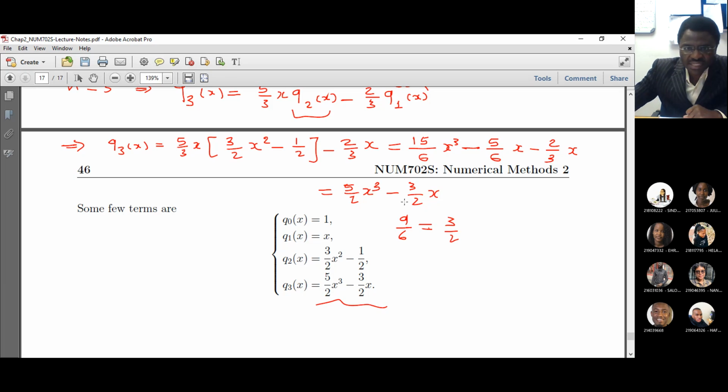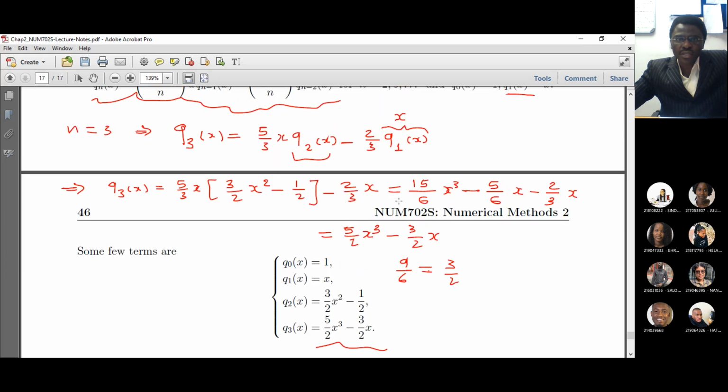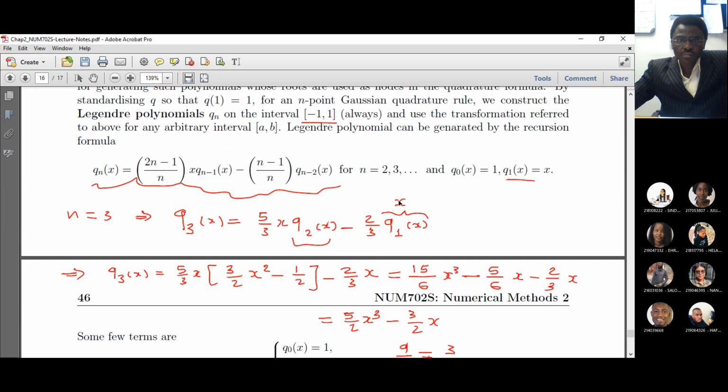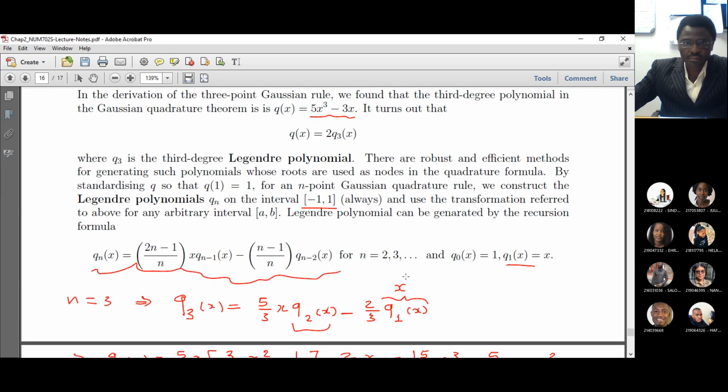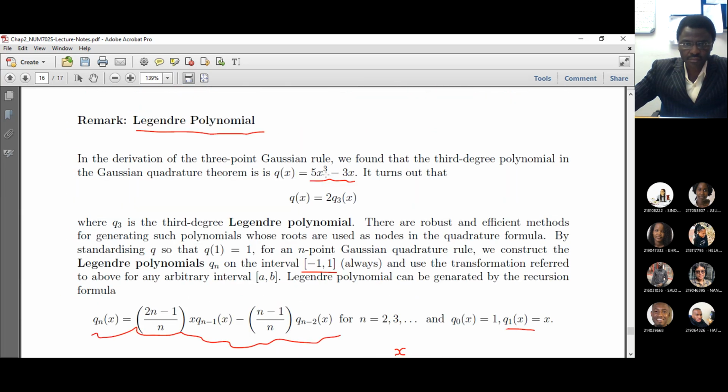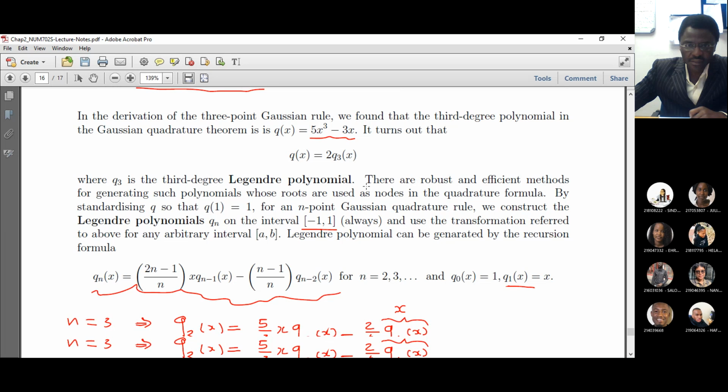But now, what is this in terms of the Q that we computed in our rule? You can see this is what we have. So if I multiply this by 2, I have exactly the other one.